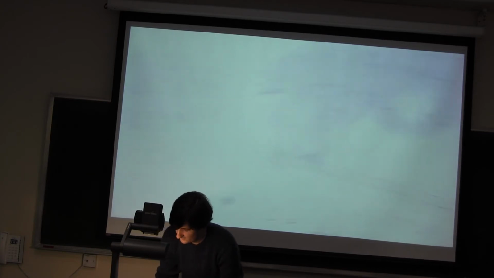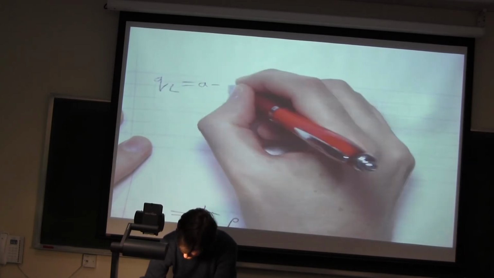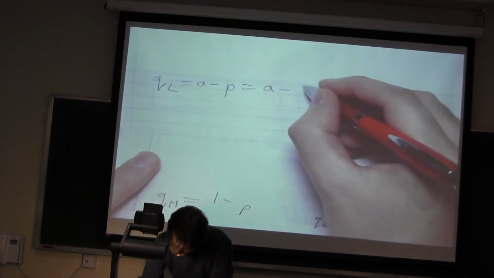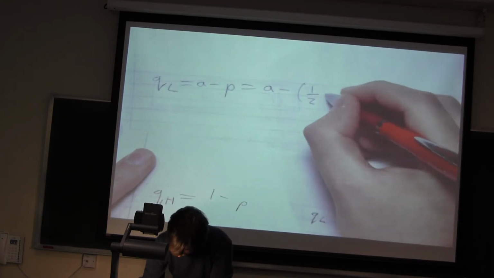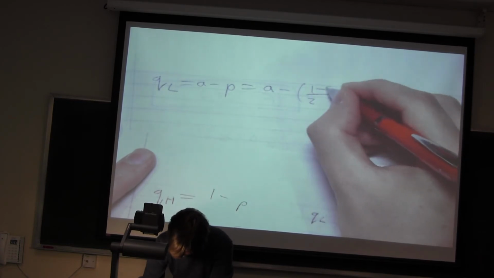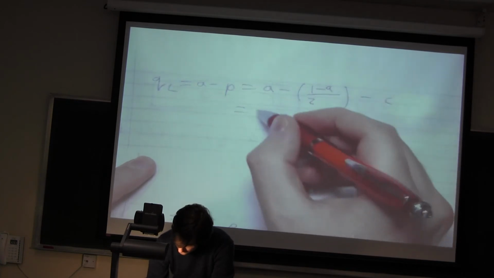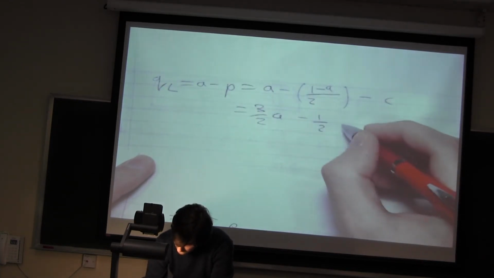So how much does the low type consume? The quantity consumed by the low type is A minus P. So that's A minus a half, 3 over 2A minus a half.